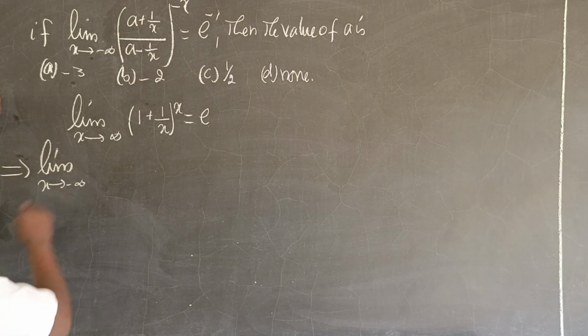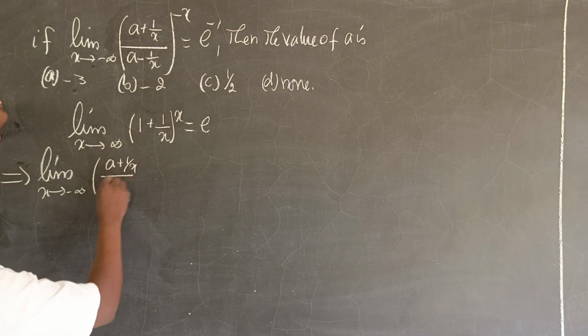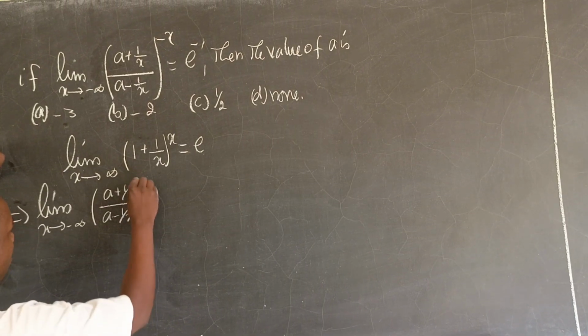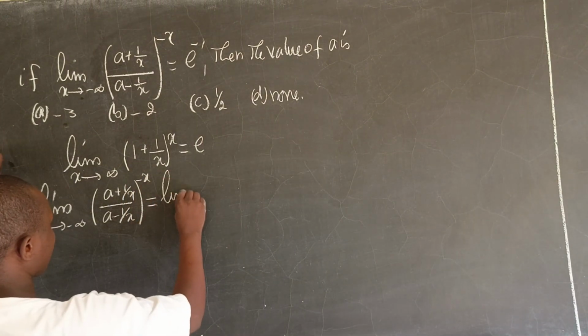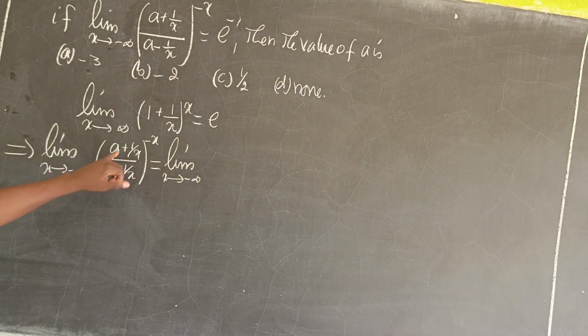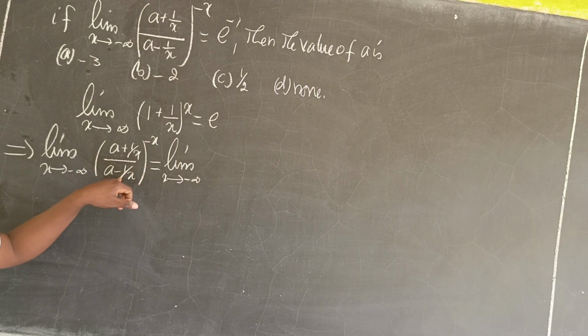The limit as x approaches minus infinity of (a plus 1 over x over a minus 1 over x) power minus x is equal to the limit as x approaches minus infinity. Let's divide the numerator and the denominator by a.